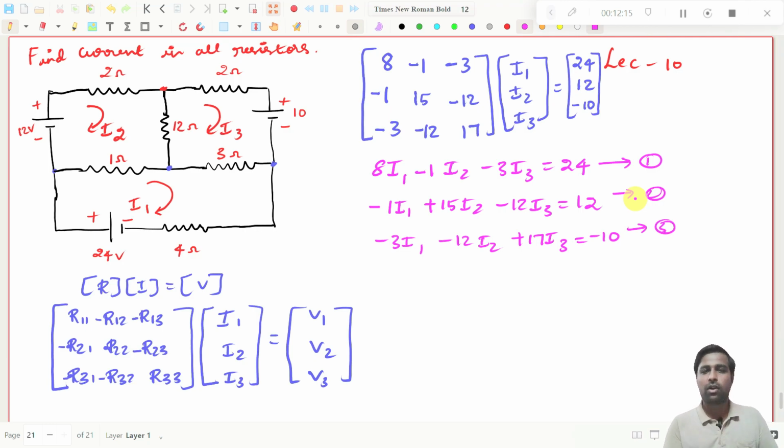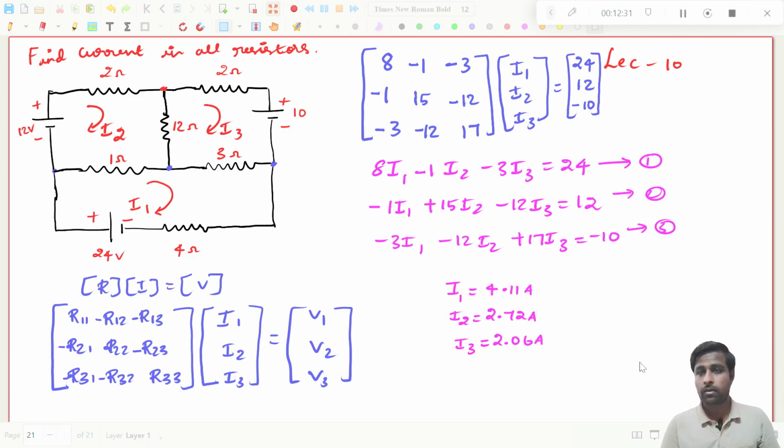If you solve all these, I get I1, I2 and I3, three values. Let me solve this. So I am getting I1 is equal to 4.11, I2 is equal to 2.72, I3 is equal to 2.06.